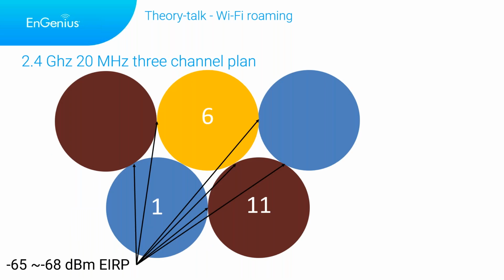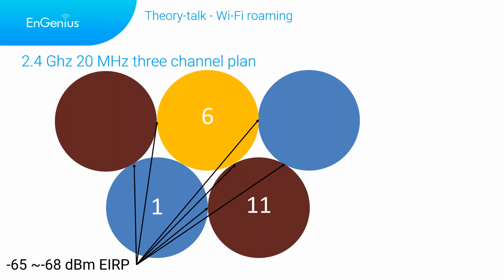For 2.4 gigahertz, you can have something like a 3-channel plan, devices on channel 1, devices on channel 6, and devices on 11. I made it sort of a picture with balloons.